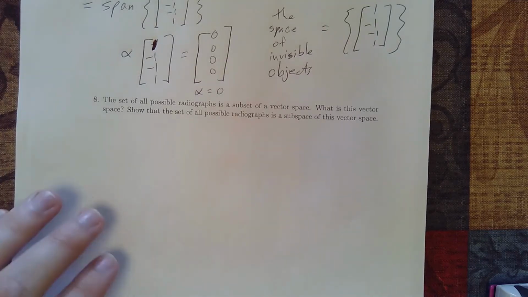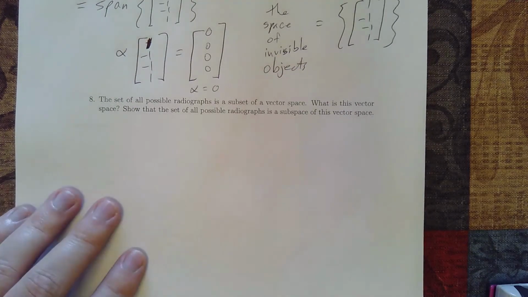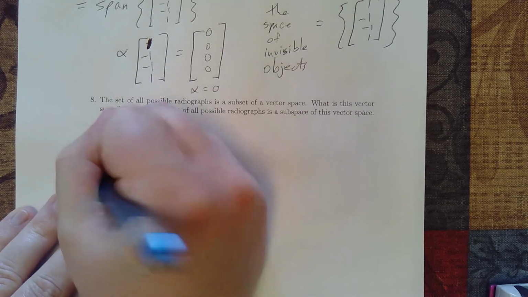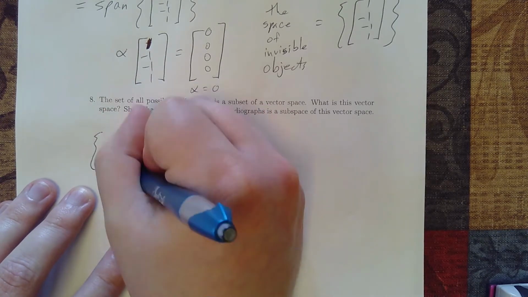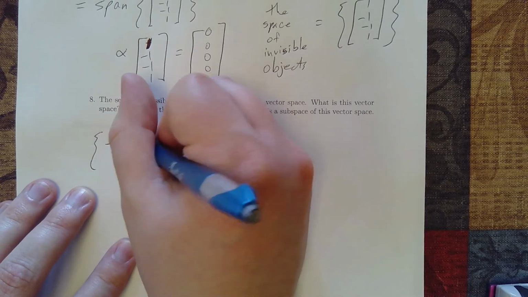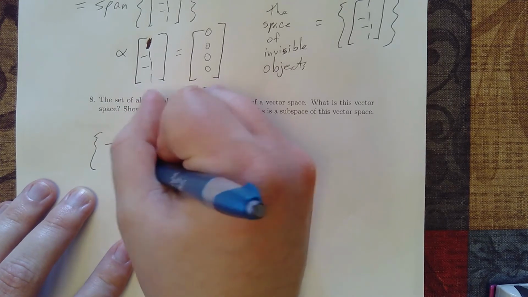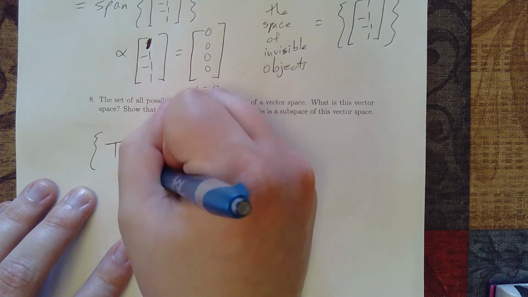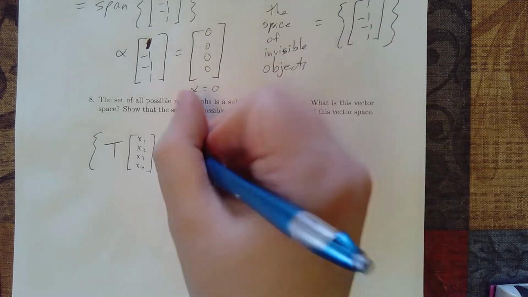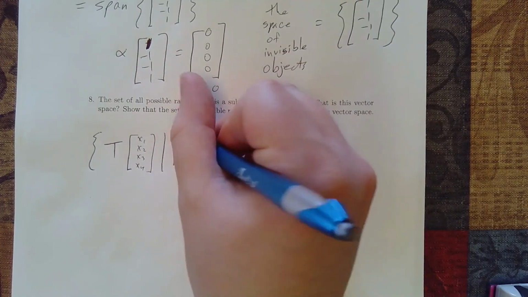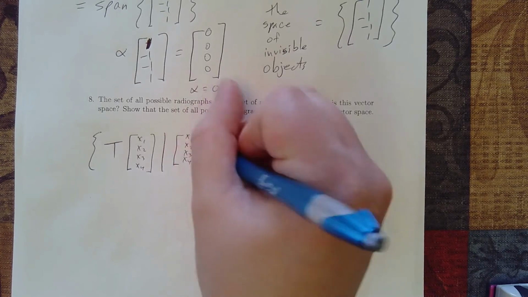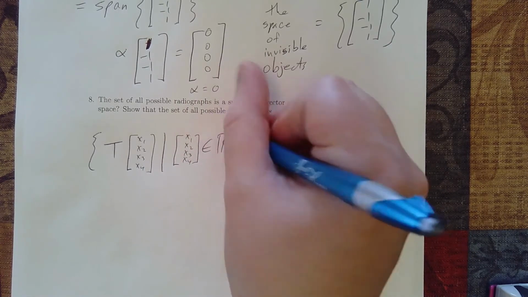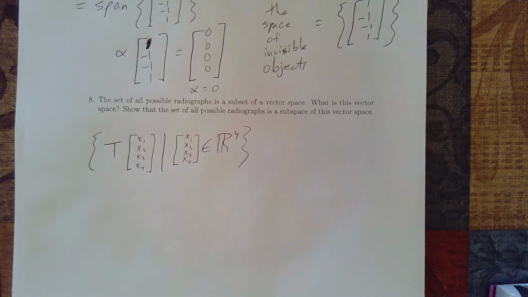So what I want to see here is the set of all T times x1, x2, x3, x4 such that x1, x2, x3, x4 is a possible input for us. We'll say it's from R4 right now.